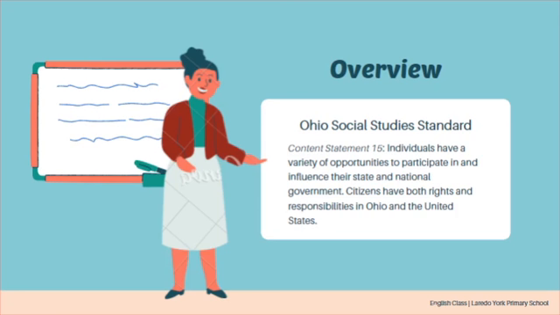Since her classroom is in Ohio, we were focusing on the Ohio learning standards, and the content standard for social studies that my group chose was content standard 15, which basically focuses on students being able to understand that as citizens of Ohio, they have rights and responsibilities, not only to Ohio, but also to the United States, and that they should be participating in their local community.